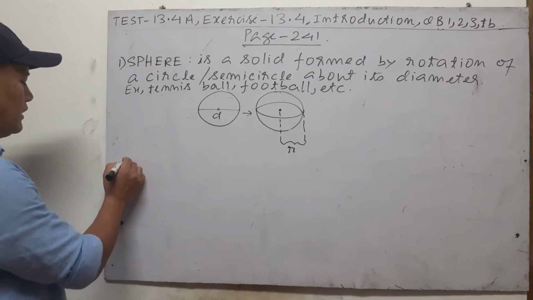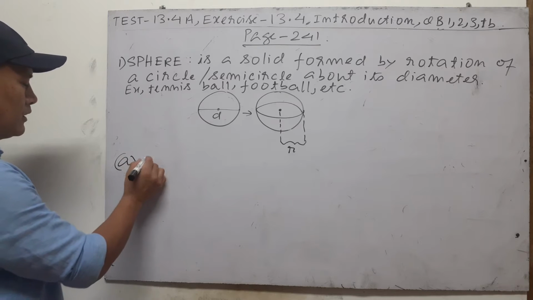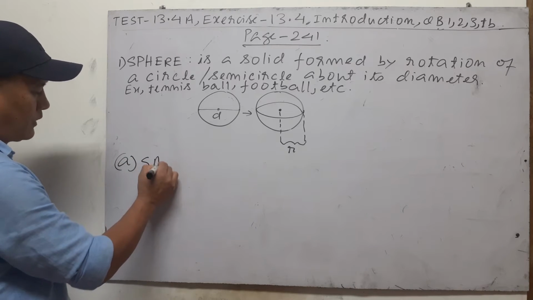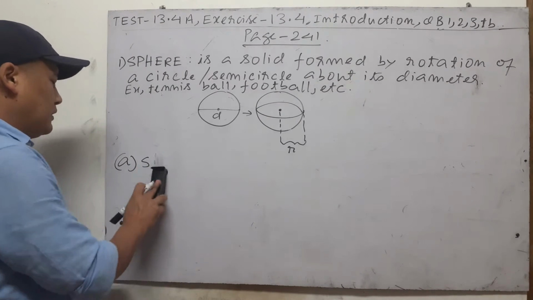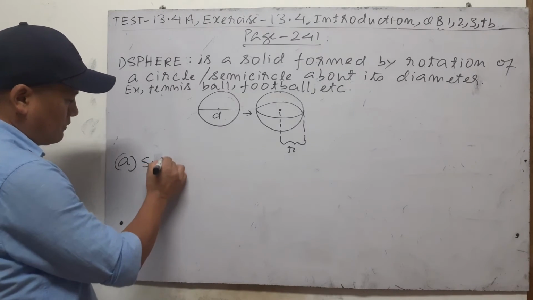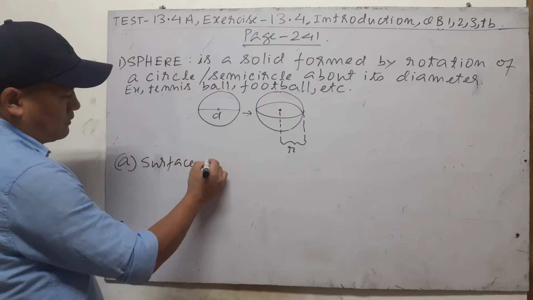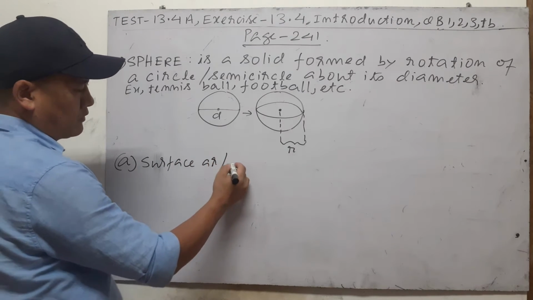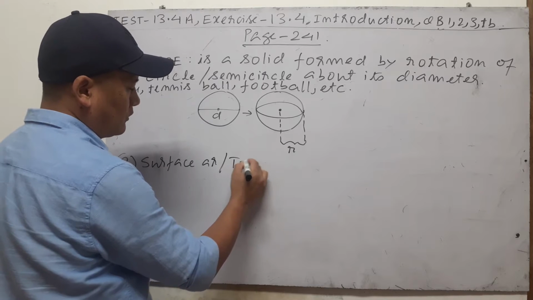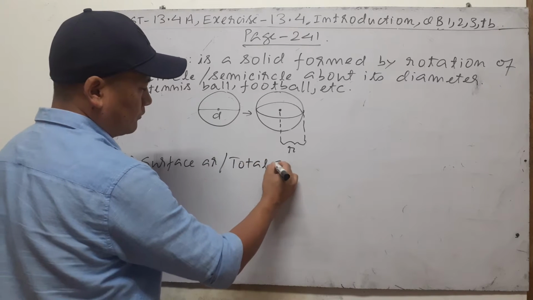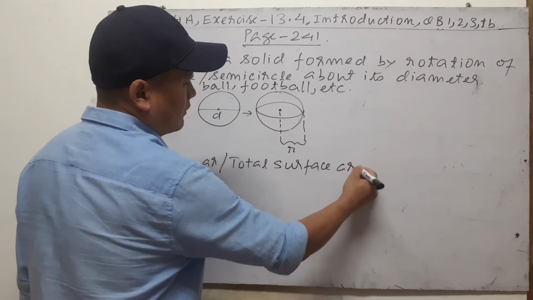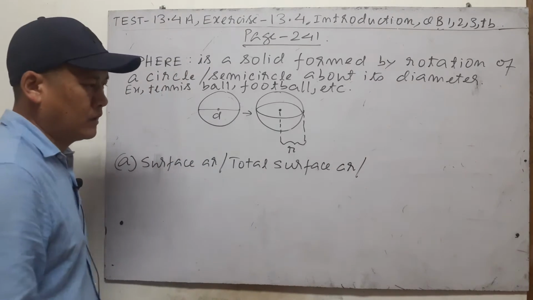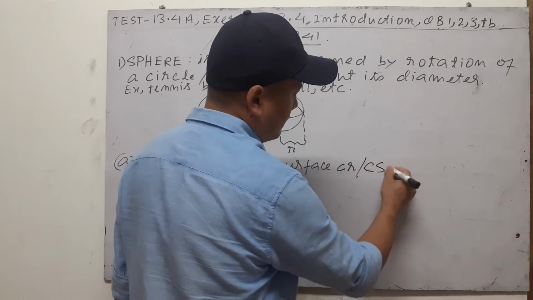Now the first formula that we need to remember here is surface area. Let me just write it down. Full surface area, or we can also say total surface area, or we can also say the curved surface area.